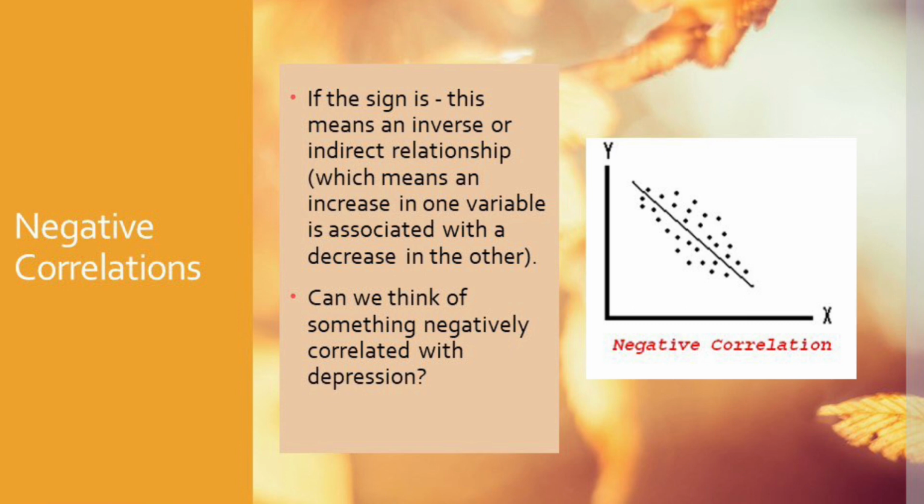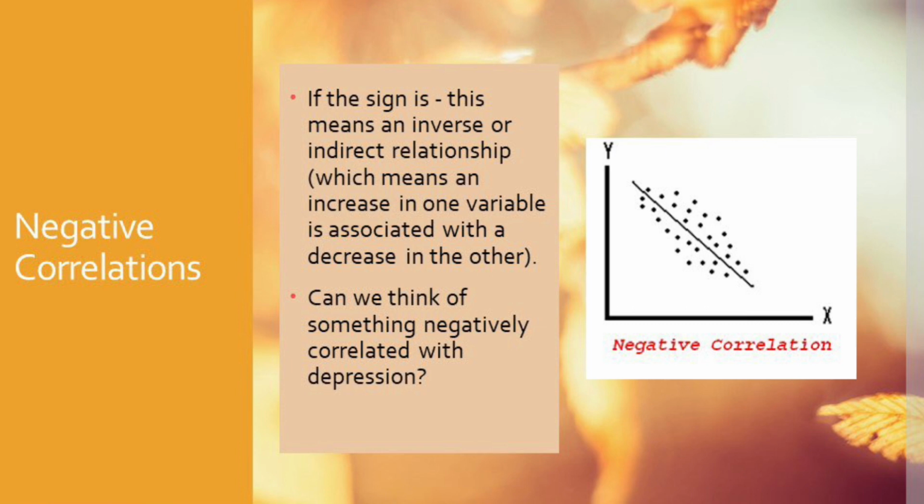So, as you know, isolating is a really common behavioral symptom observed in people who are struggling with depression. So, when the person's rate of depression increases, the frequency of socializing decreases. So we would see then that the two scores go in opposite directions and are therefore negatively correlated.